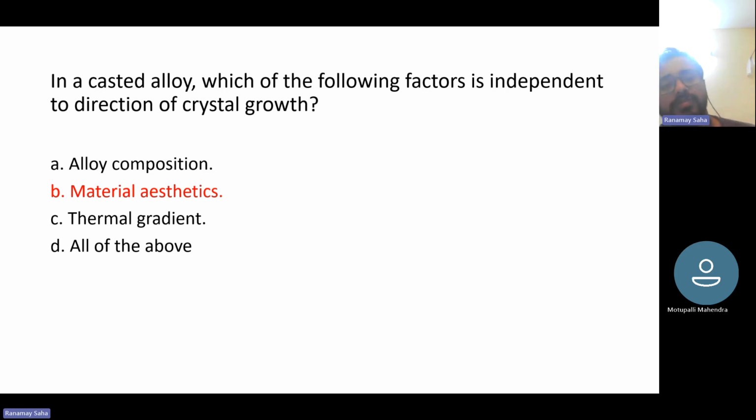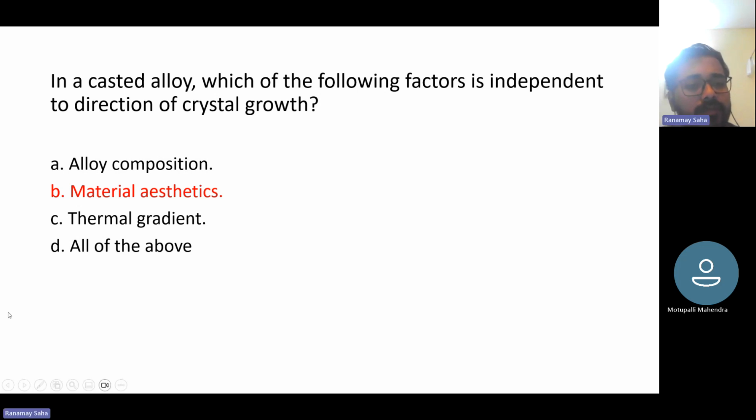In alloys, you see a range of temperature over which solidification takes place, from freezing to room temperature. There we discussed the formation of dendrites and different kinds of grain structure, which leads to variation in density in the finally built product. So alloy composition is related to crystal growth.